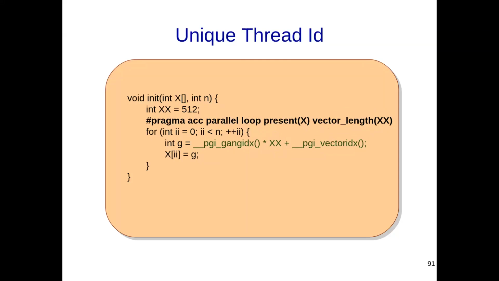Therefore, the control will still be in your hands, and as you change the number of threads per gang, you will still be able to make use of the same computation to find the unique ID. Right? So in this case, I should have used two different names, x and xx, but this single x is the array which gets initialized with this unique ID 0 to whatever is the value of n minus 1.